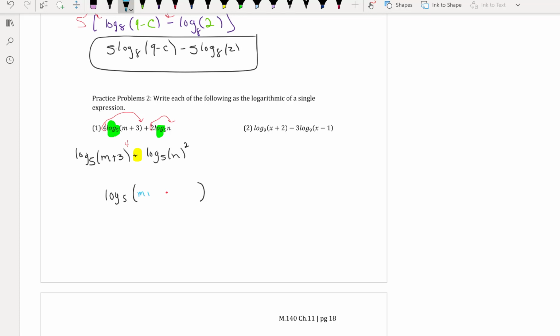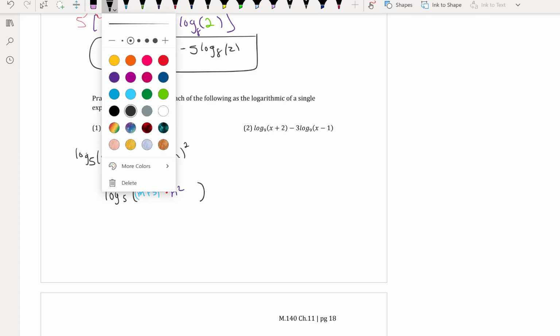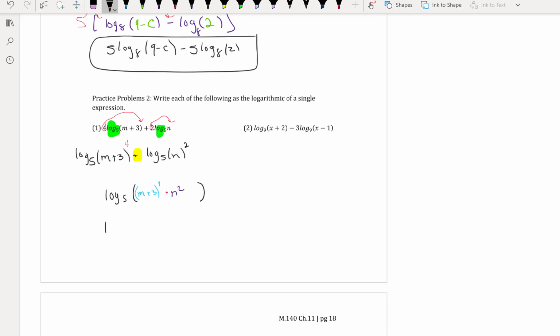I have m plus 3 to the 4th power, and I also have that n squared. I'm just going to rewrite it so it looks a little bit nicer. So I'm going to have log base 5 of n squared times m plus 3 to the 4th power. I'm just going to leave it as that, and that's as far as I need to go.